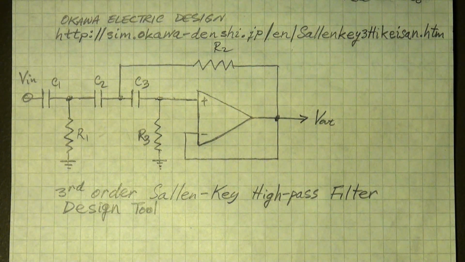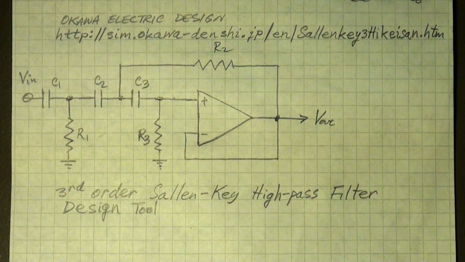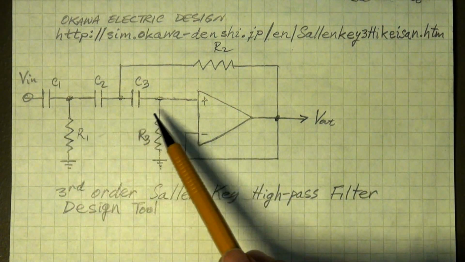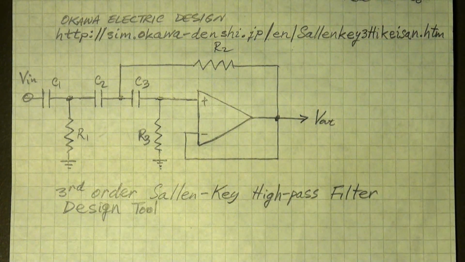It's an online calculator that allows you to calculate the capacitor and resistor values for a filter with a given cutoff frequency. So what you'll see on the website is like a textbook example, like the one shown here, an op-amp with a resistor and capacitor network in its feedback network.